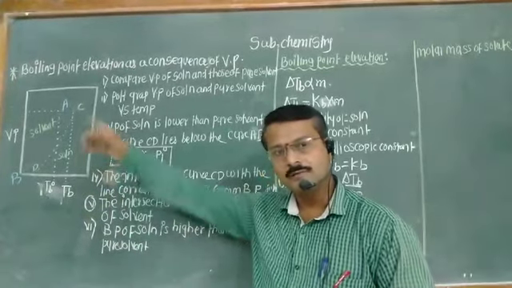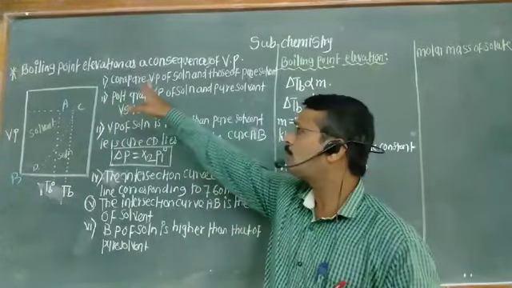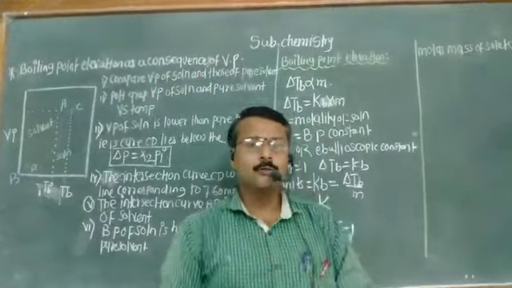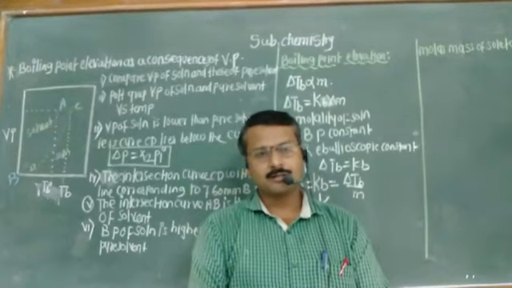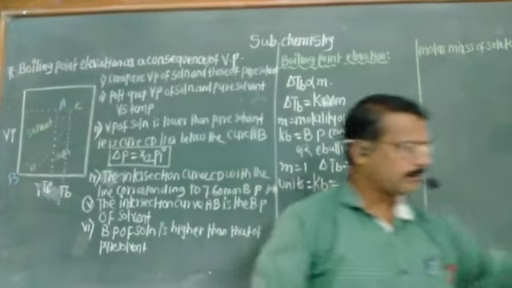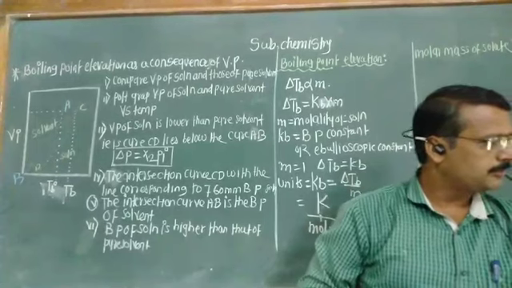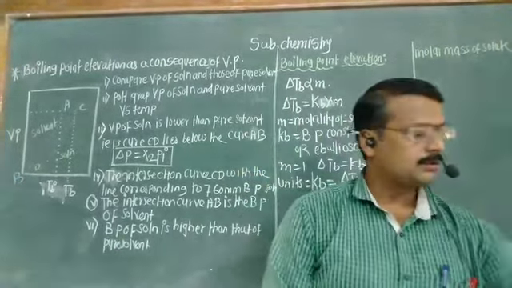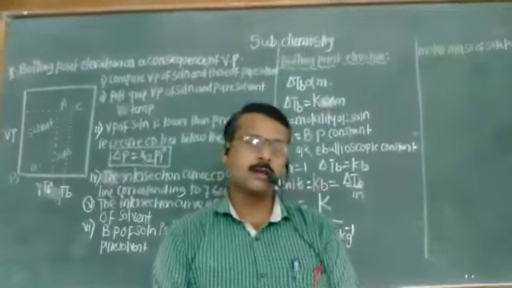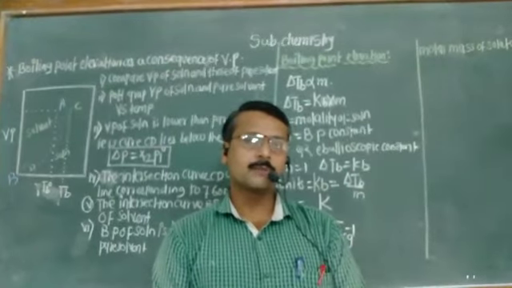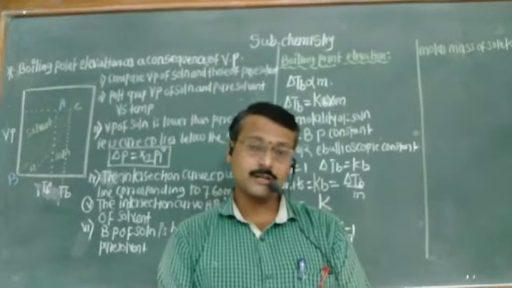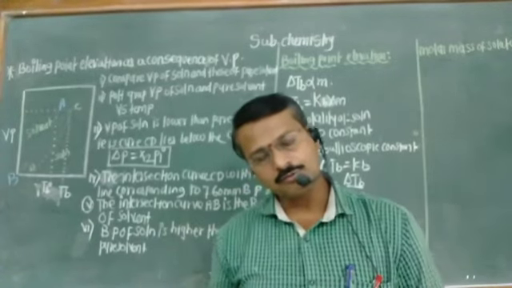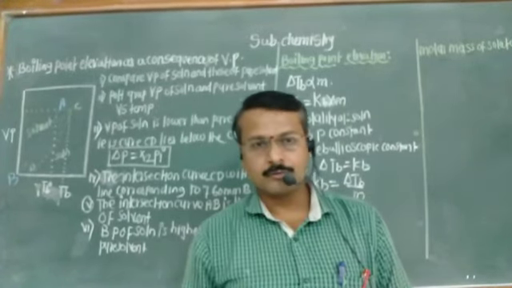First we are discussing the boiling point elevation as a consequence of the vapor pressure. To better understand the elevation of boiling point, we compare the vapor pressure of the solution and the vapor pressure of the pure solvent.